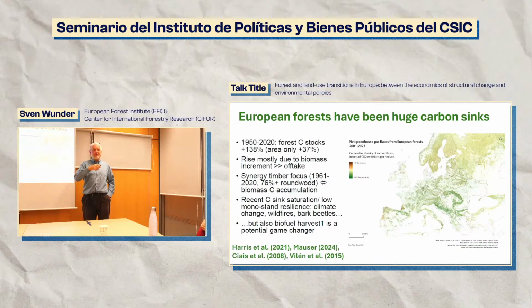We see some climate change impacts that make some of these more specialized timber forests more vulnerable to climate change and more ecologically sensitive. So we have seen some decline in that function and a need for adaptation.